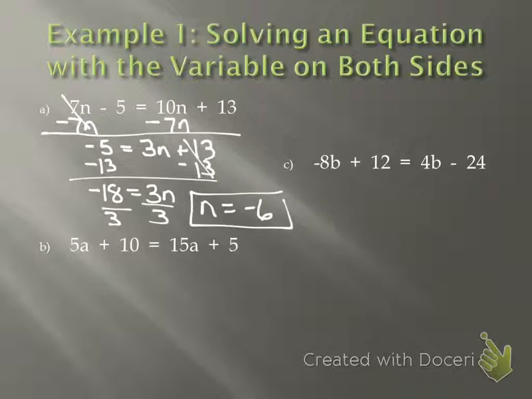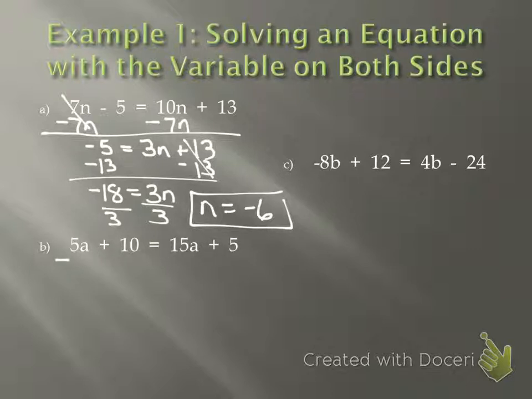N equals negative 6. So based on what we just did with A, what about with B? What's the first thing I'm going to do here on B? Just tell me. Subtract 5a. Because I have to have my variables on the same side of the equation.